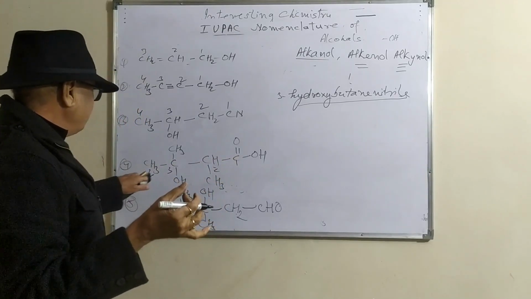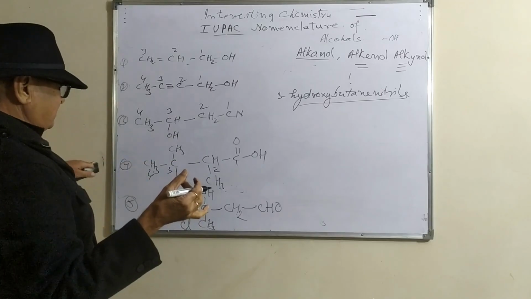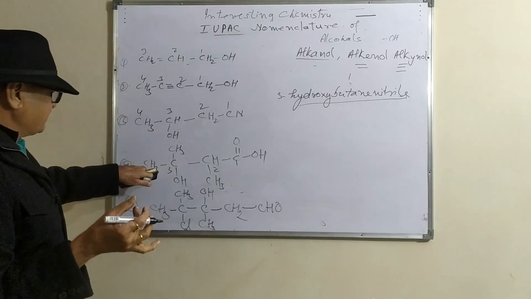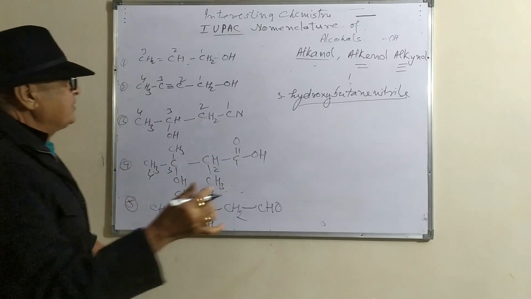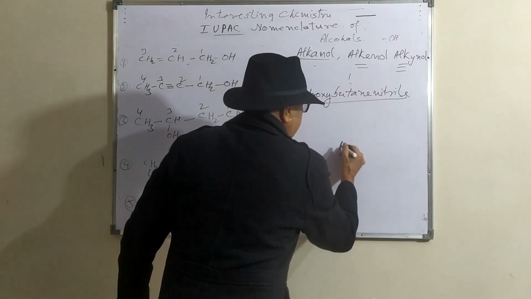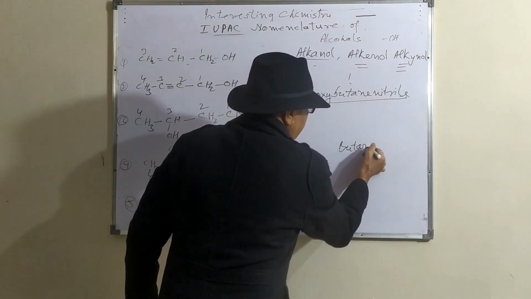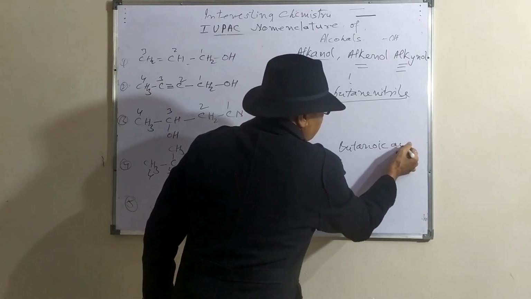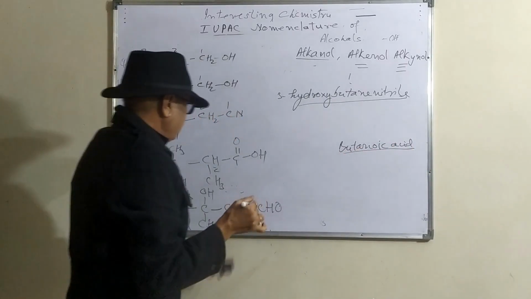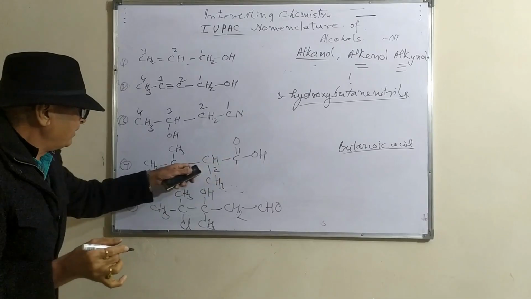So 1, 2, 3, 4. So the parent compound is butanoic acid. The name of this compound is butanoic acid.